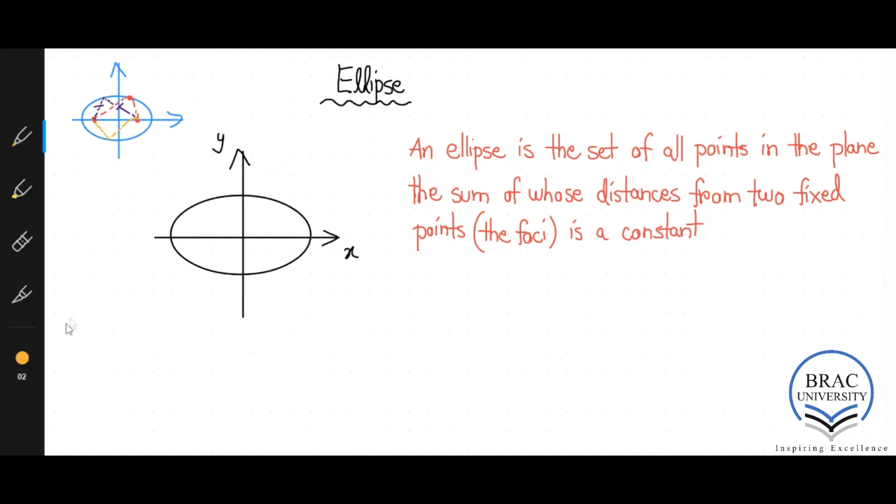Let's say in this diagram we have two foci, one positioned here, and I'm going to be denoting that by f prime, and its position is at negative c comma 0, and here's another foci around this point, which is f, which is c comma 0. So it's c units in front here and c units behind here.